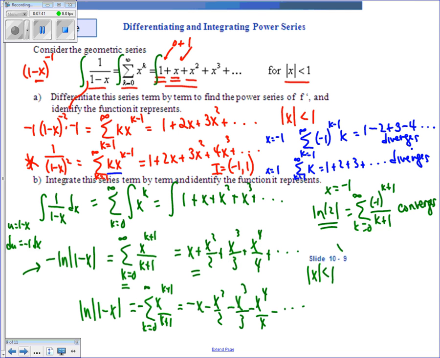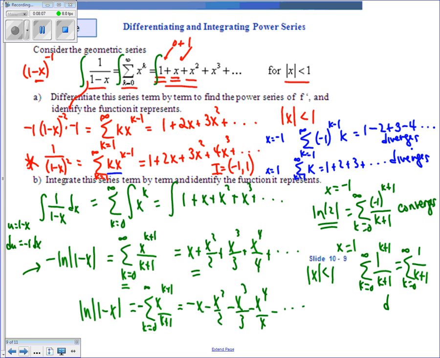Now let's look at x equal 1. We're going to have natural log of 0, which doesn't even exist, but let's not worry about that. Since it's going to infinity, I would expect this one not to converge. I will have 1 to the k plus 1 over k plus 1. So this is going to be the summation of 1 over k plus 1, which is just like our harmonic series.